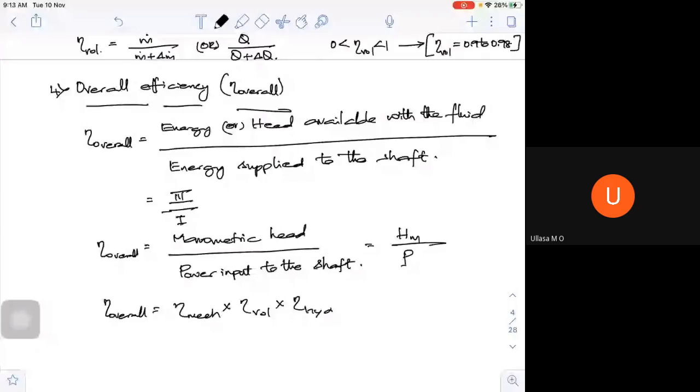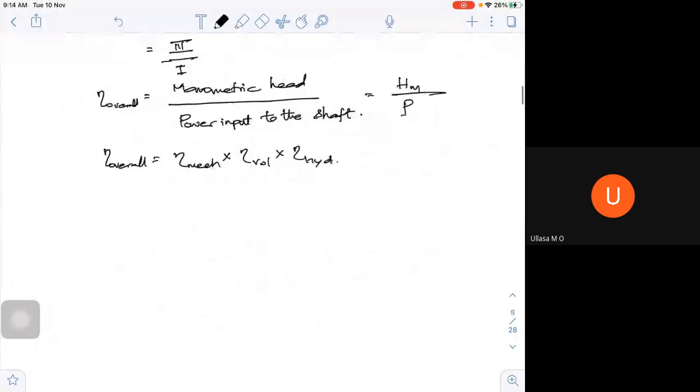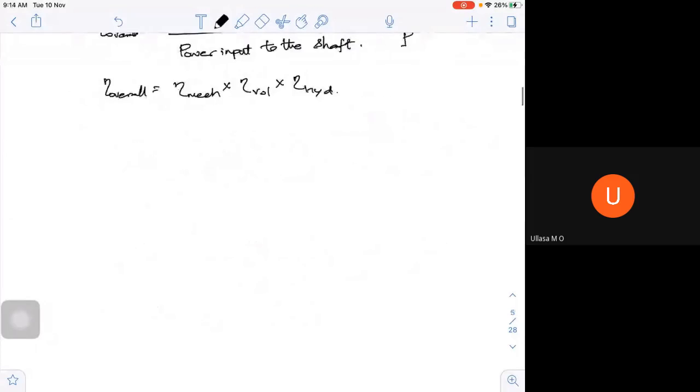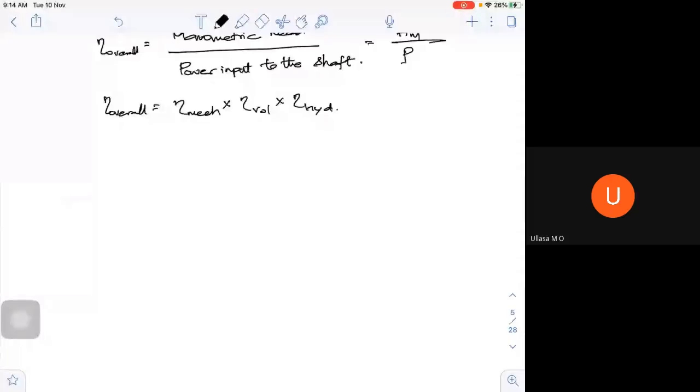That's why your overall efficiency is always less. So these are the efficiencies associated with your centrifugal pump: the first being the mechanical efficiency, the second the hydraulic efficiency, the third the volumetric efficiency, and the fourth the overall efficiency. These are the definitions.